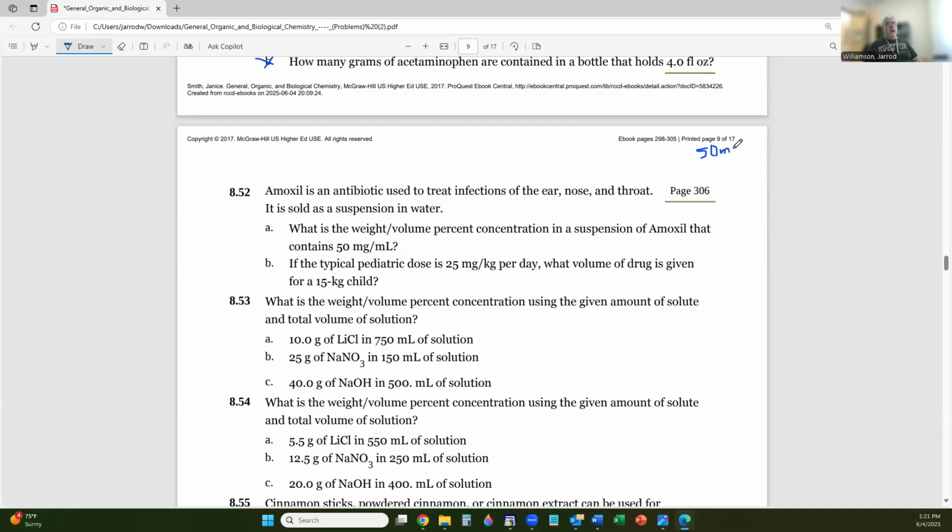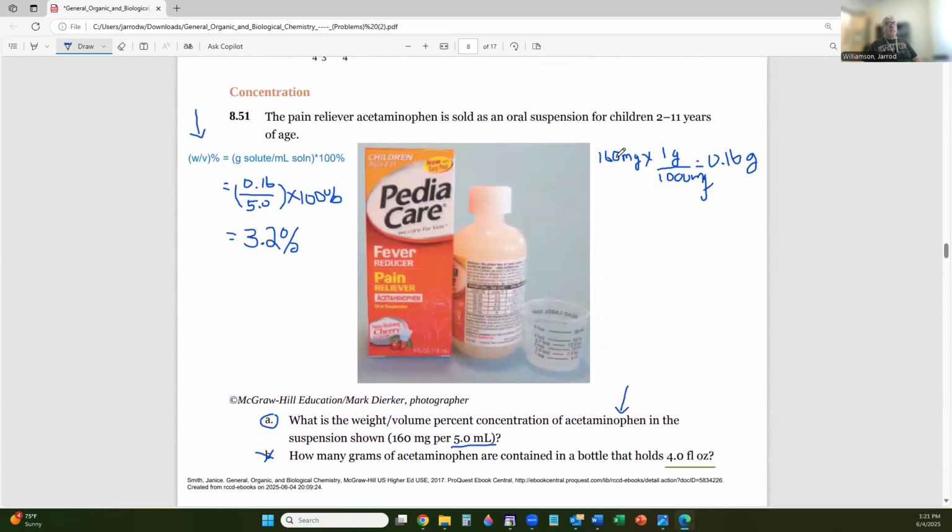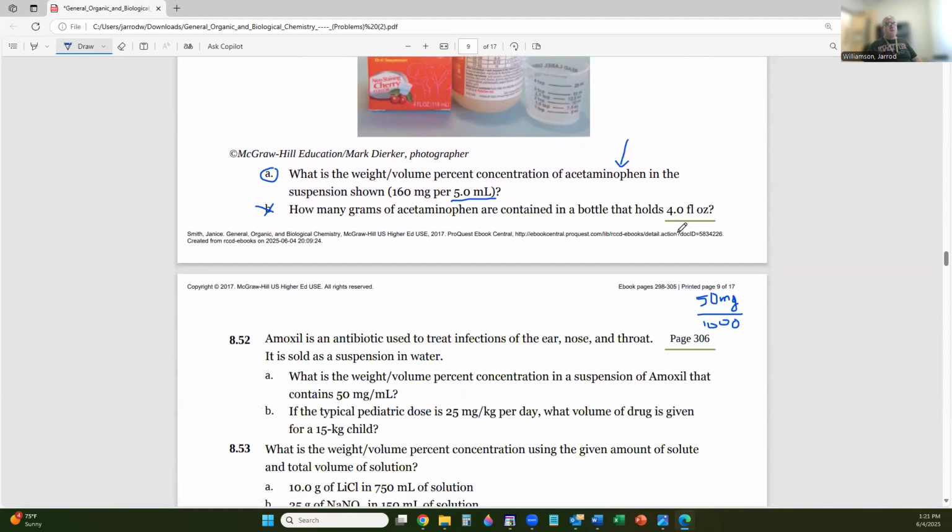If you divide that by 1,000 to convert it into grams, right? Remember up here? To convert milligrams into grams, we effectively divided it by 1,000. When we do that, we're going to get 0.050 grams. So you divide by 1,000.